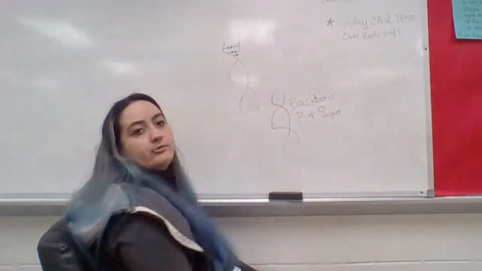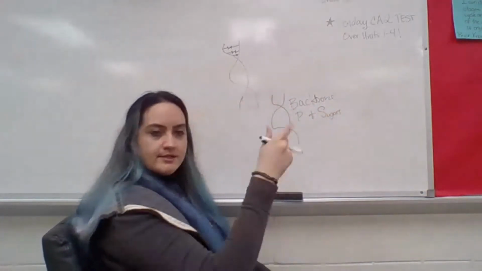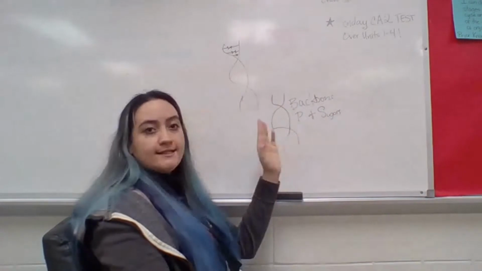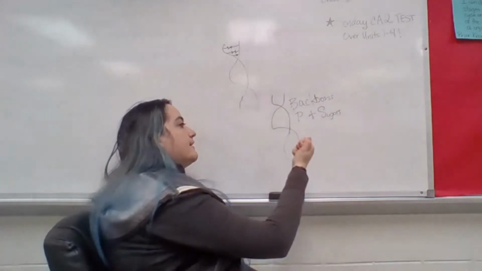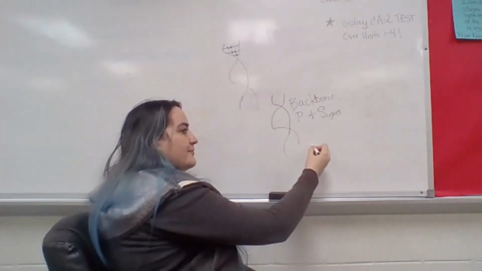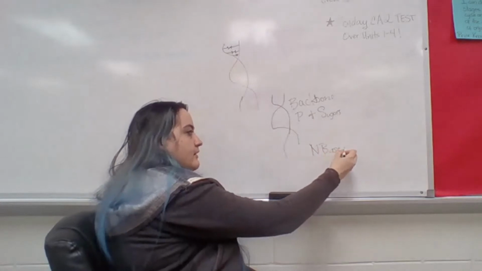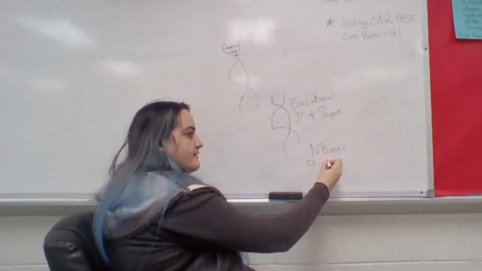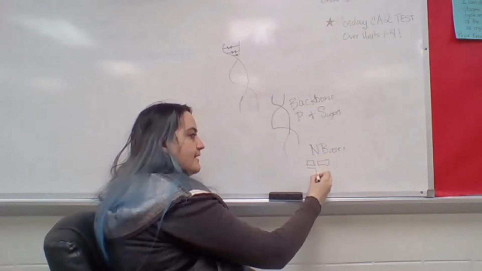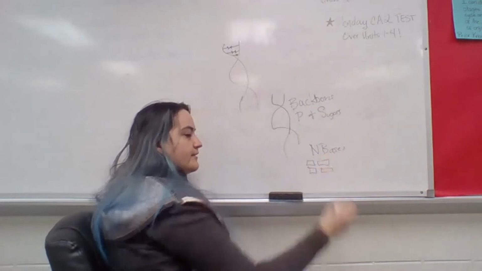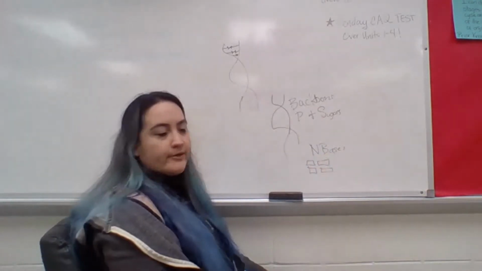So this backbone, the brace of the DNA, is made up of the phosphate and the sugars. And then the last part of the nucleotides, which is the nitrogenous bases, are the steps inside of the double helix. Okay?